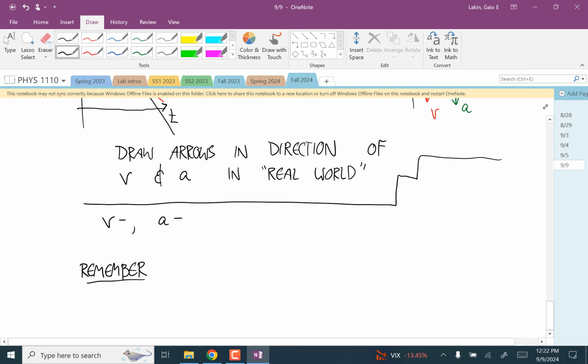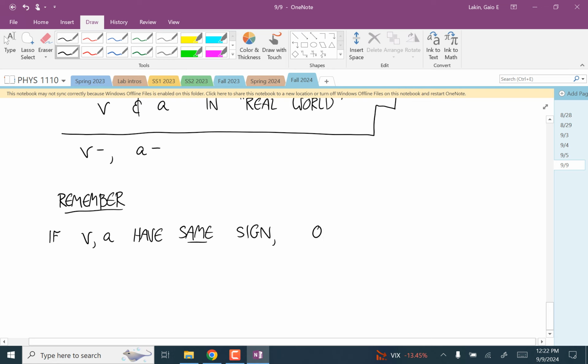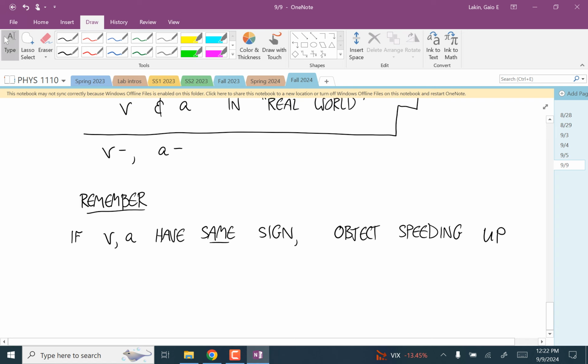If the velocity and acceleration have the same sign, then the object is speeding up. If the velocity and acceleration have opposite signs, then the object is slowing down.